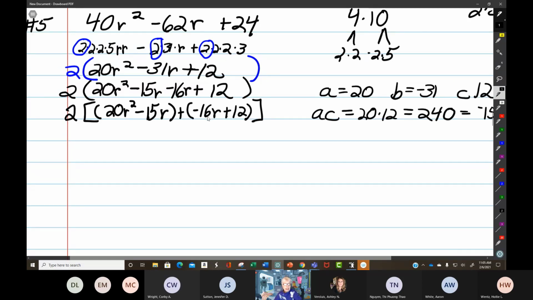Here we have a negative leading term. Our GCF is going to have to be negative, but I'll worry about that later. This is something I need to figure out right now. So I've got 20 and I've got 15, and I know 5 goes into both of them. And there's an r squared and an r, and I know r is part of both of them.